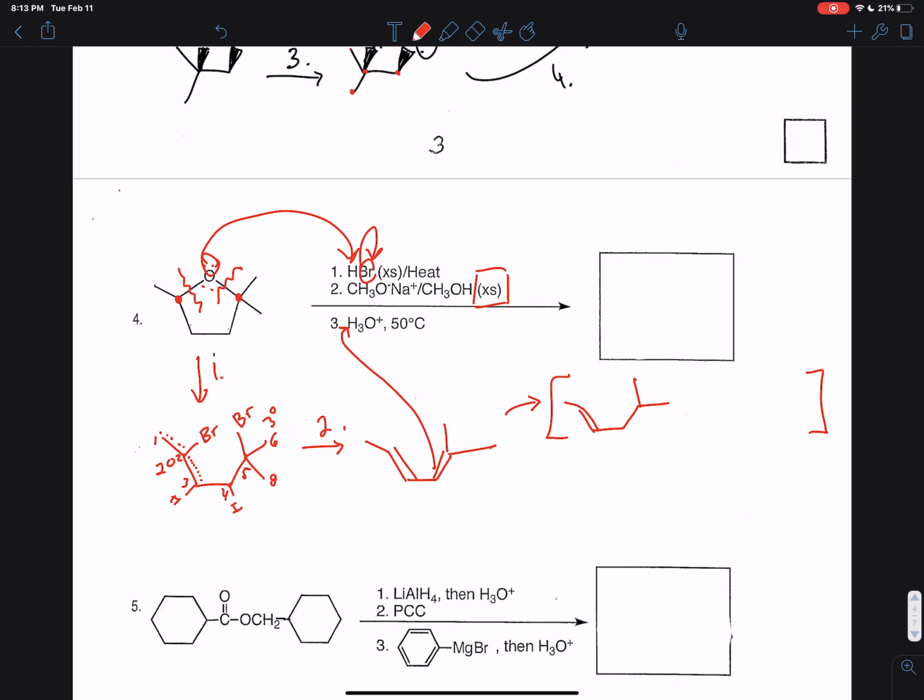Okay, draw it consistent. Now the pi bond is gone, and now your positive charge is going to go to the carbon that is closer to that other double bond, and the other carbon is the one that gains the proton. Okay, that is one intermediate.